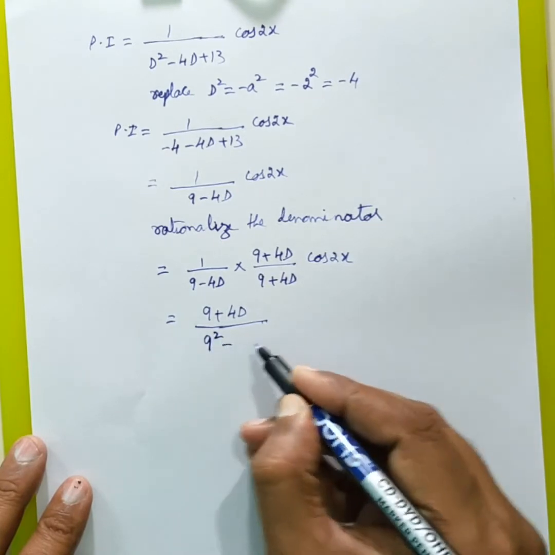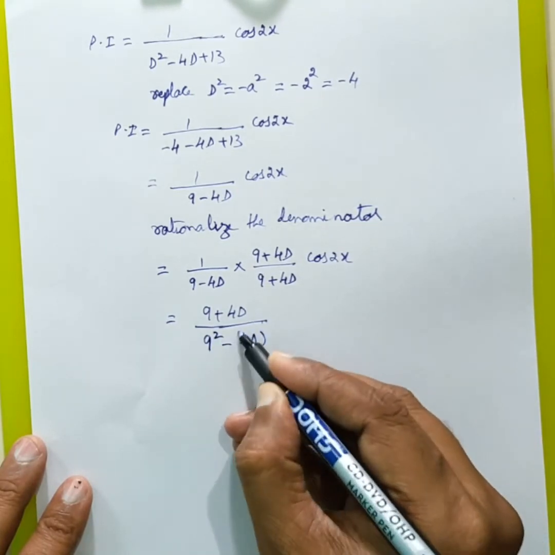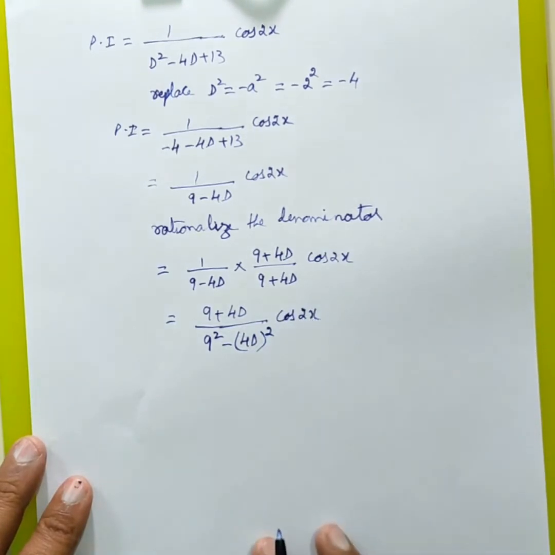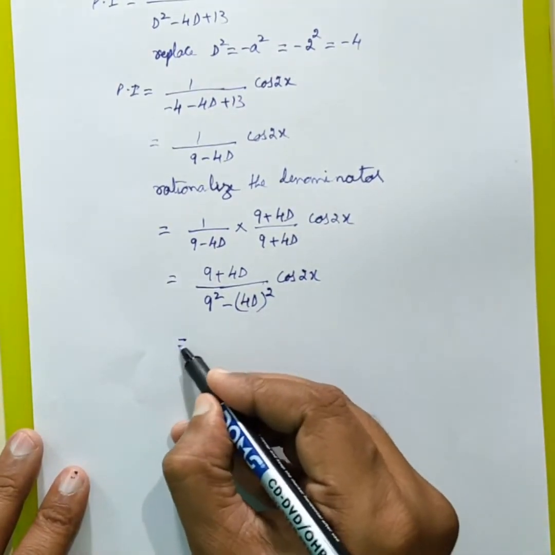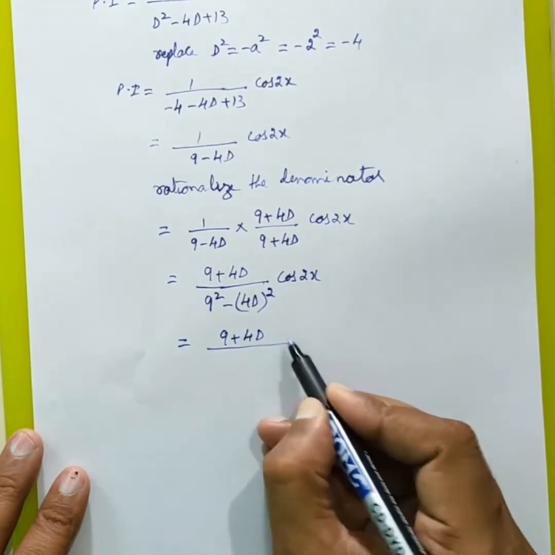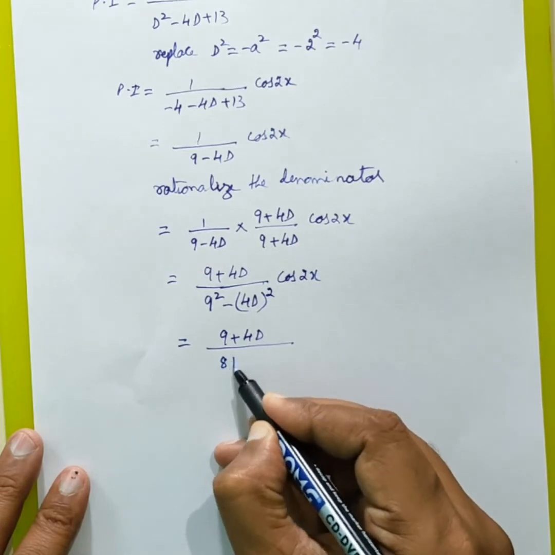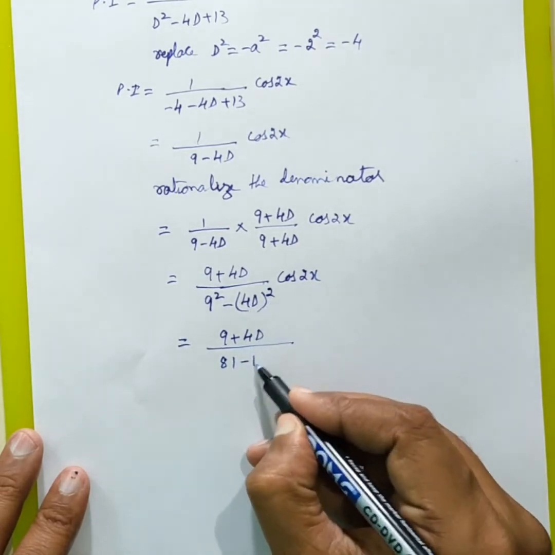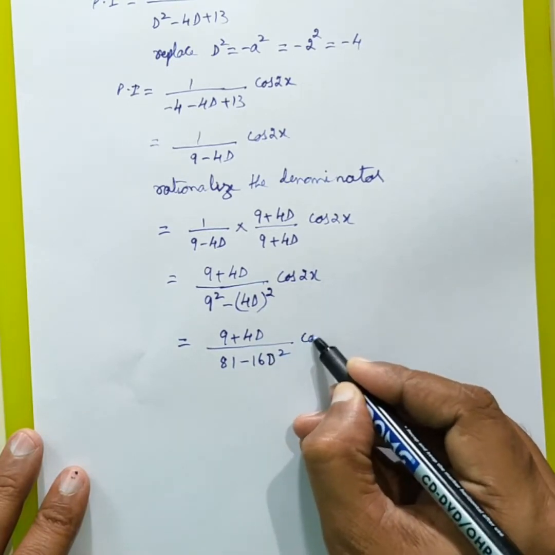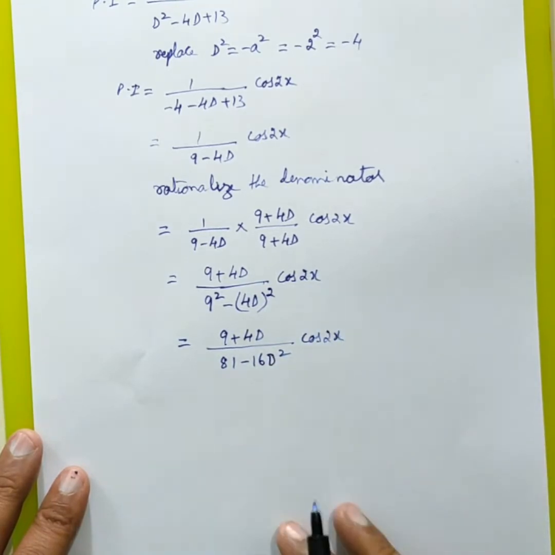So you get 9 square minus (4D) whole square times cos 2x, which is 9 plus 4D divided by 81 minus 16 D square times cos 2x.